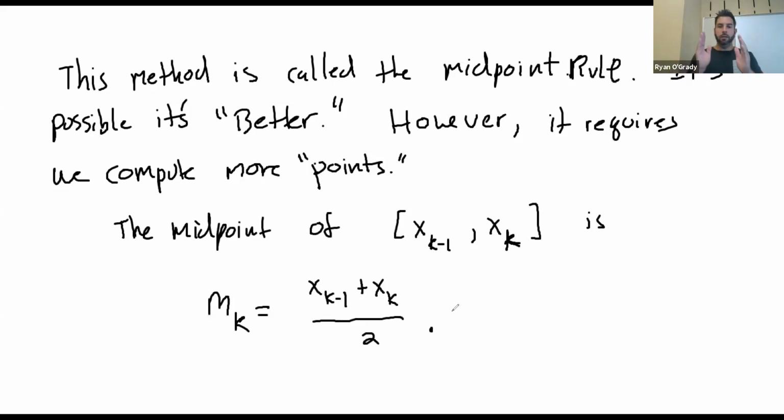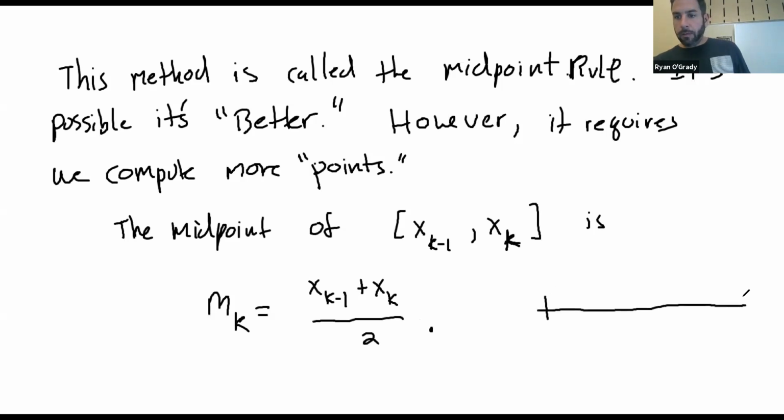Because remember, when k goes from 1 to n, so when k is 1, you'd get x sub 0, comma, x sub 1. Right? That's a good question. The question was, why did I put k minus 1? Well, I want to write a rule down in general. So what's m sub 1? M sub 1 is x sub 0 plus x sub 1 over 2. Then what is m sub 2? It would be the next interval. Don't forget, your interval looks like this.